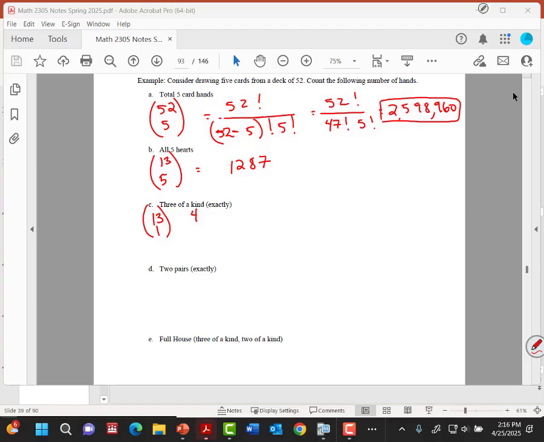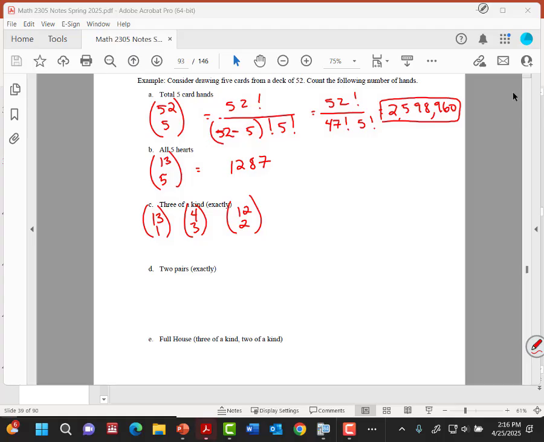From the 4 cards in that suit, so for instance, from the 4 fives, choose 3 of them to be in my hand. But now I still have more cards to select. From the 12 denominations that are not the denomination that I want my 3 of a kind in, select 2 of them.